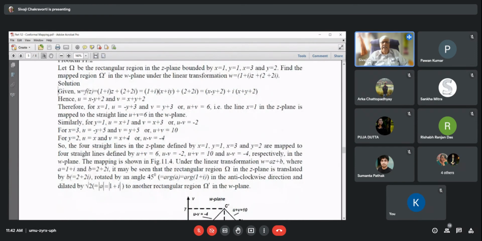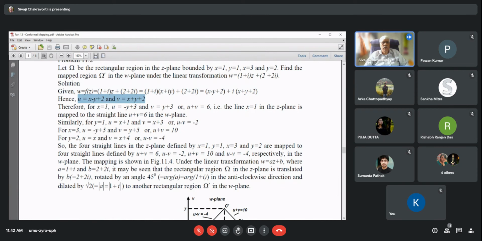Now this is my W. You remember I defined earlier that W is equal to u plus iv. So we have taken the real part and the imaginary part. You see, the real part is x minus y plus 2, and the imaginary part is x plus y plus 2. So u is x minus y plus 2, and v is x plus y plus 2.